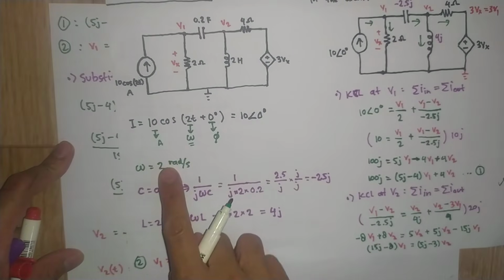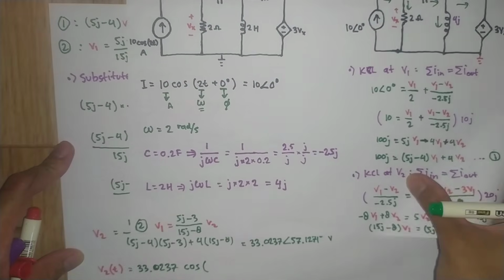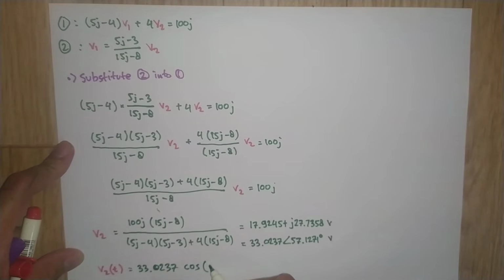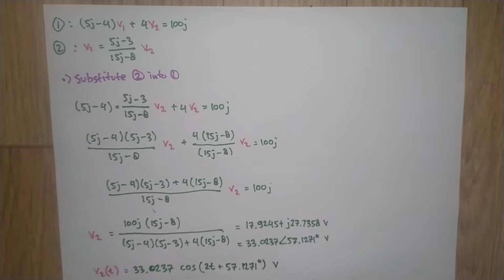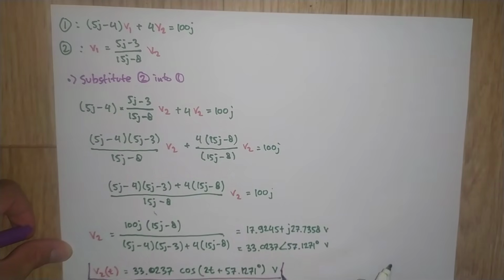So our omega is 2. This is from here. And then that is cos 2t, and plus our angle here, 57.1271 degrees. This is for V2.